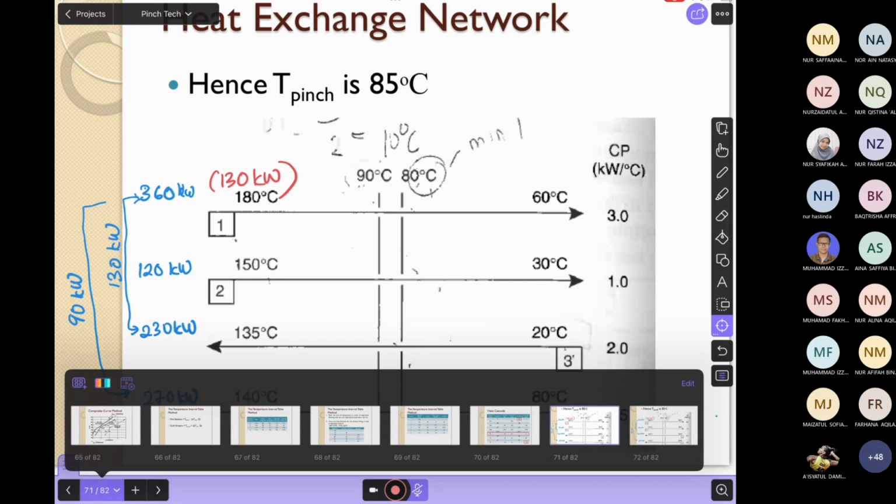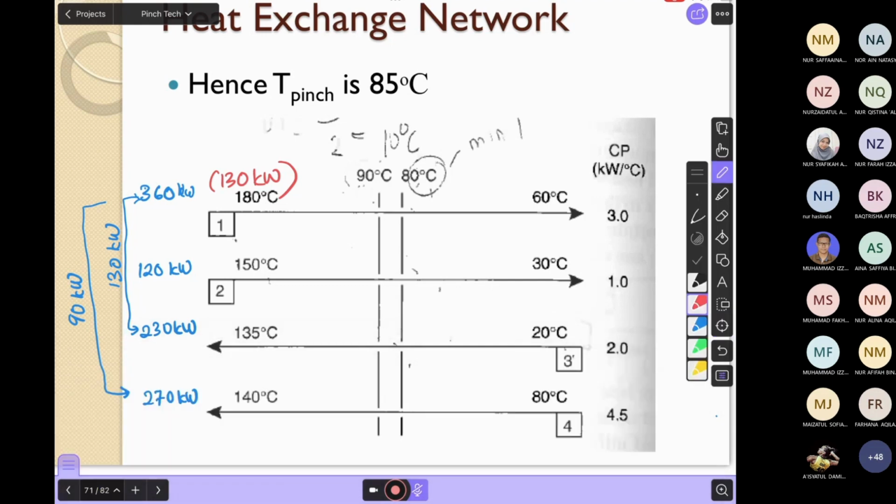So now is page 31. So what happened? You need a cooler here, this position. Saya buat pen biru lah. Cooler. You need to install cooler here.